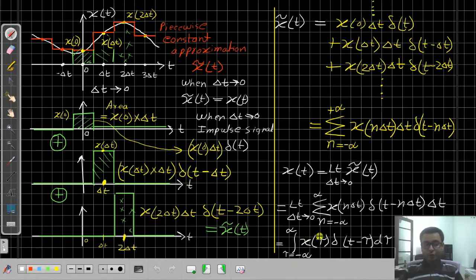So the convolution between x and delta is the same as x itself, and this comes from the fact that any signal can be written as the sum of small narrow slices like this.